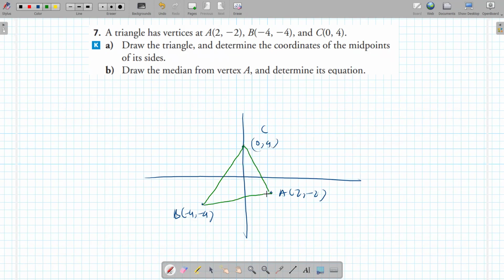Part A says find the midpoint. Look at this, it's super easy. Between 0 and 2, the midpoint is 1. Between 4 and negative 2, what's the midpoint?